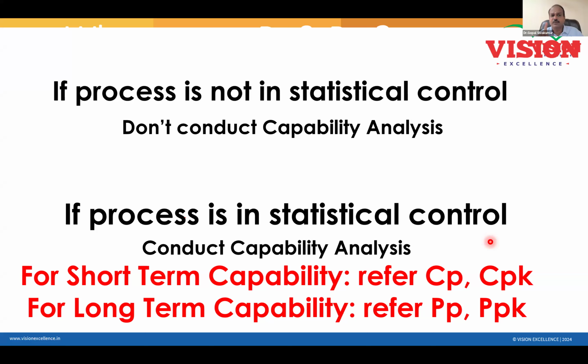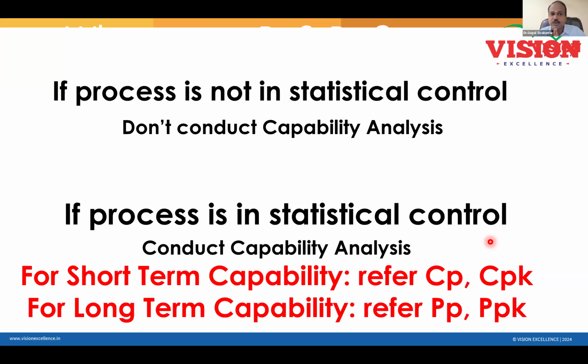That is the logic. Whenever you are conducting a capability study, if the control chart is unstable, if you see a lot of points outside the control limit, but you still perform the Cp, Cpk study and Pp, Ppk study, it means you are allowing a drunken person to take up the driving license test.